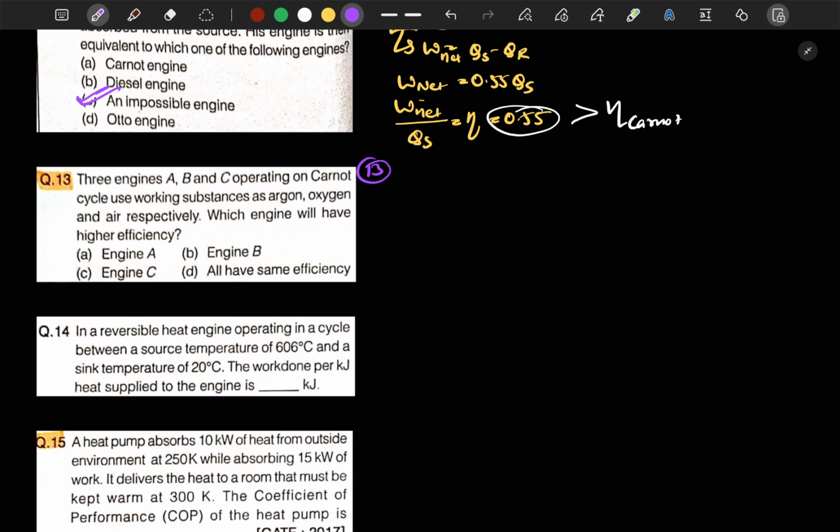We have studied that the Carnot cycle is a hypothetical cycle, and for the Carnot cycle the efficiency is only a function of the temperature limits T1 and T2. It is independent of the type of working fluid. So here all of these will have the same efficiency.